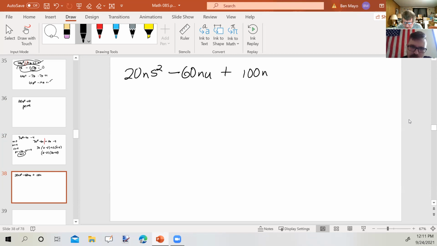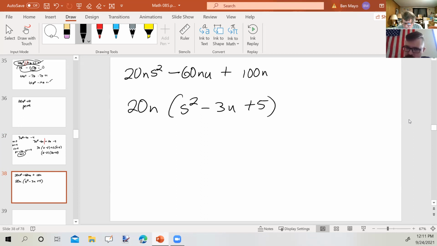Is there a greatest common factor? 20. Okay, 20. Anything else? Look at the variables. Good. So 20n, so we'll take that out, gives us s squared minus 3u plus 5.